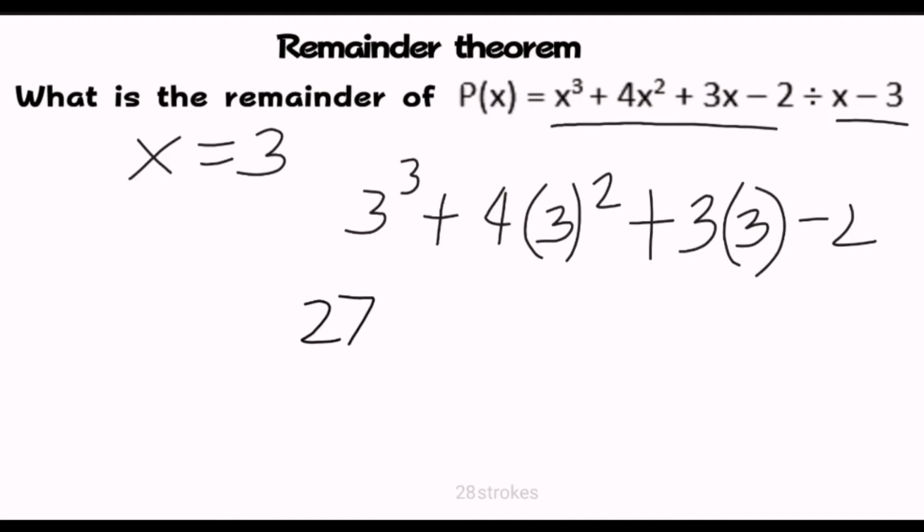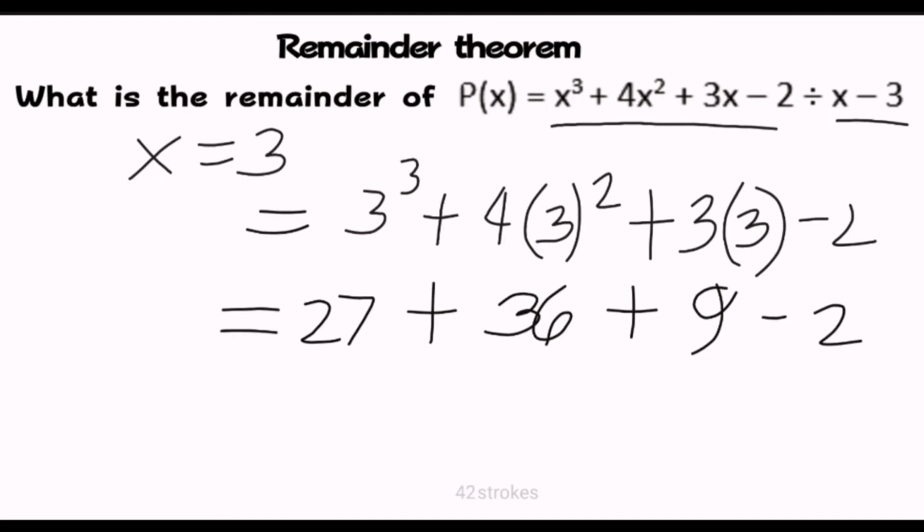Then 9 multiplied by 4 is 36. So copy natin si plus sign. Bring down again plus sign here. 3 times 3 is 9. Then bring down negative 2. 27 plus 36 is 63.